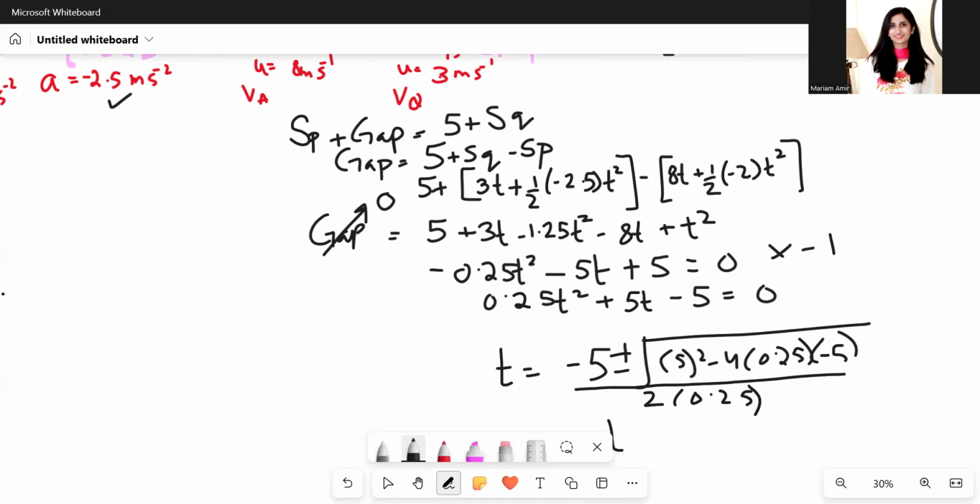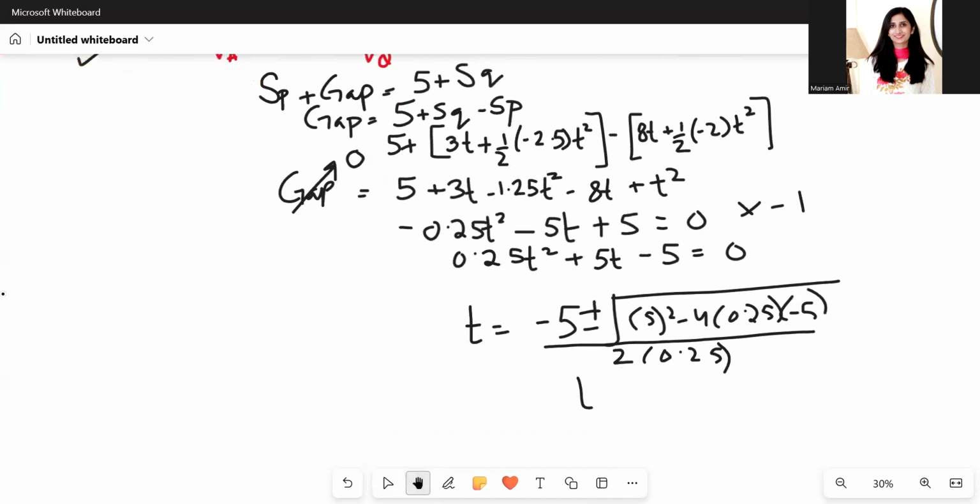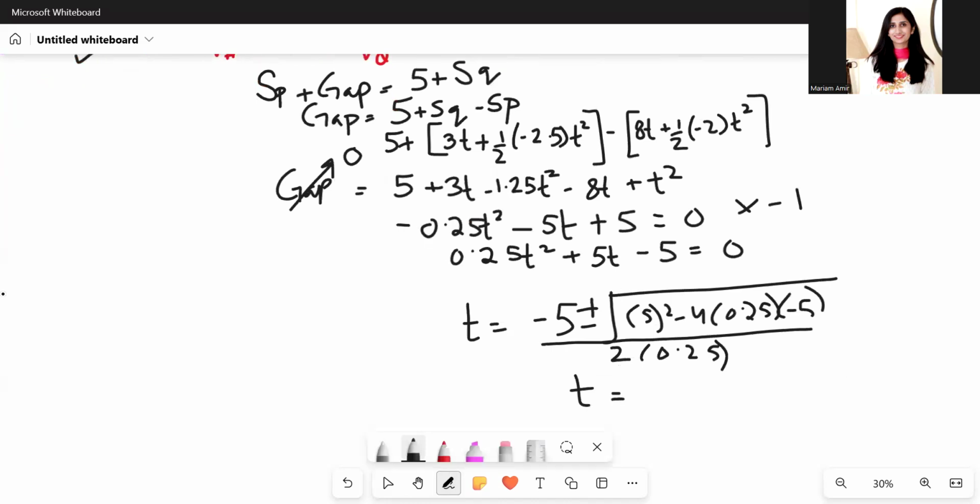When you solve this quadratic equation, you should get two values of t: 0.9544 or minus 20.9544. This has to be ignored because time cannot be negative. This is the value of t we'll be using now.